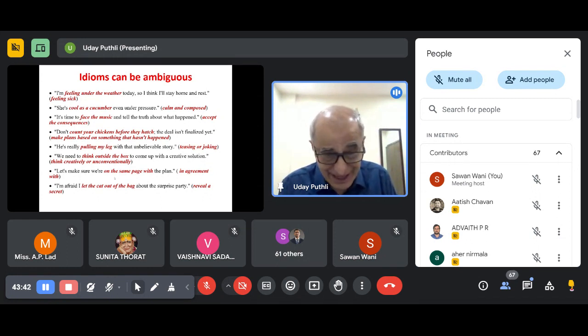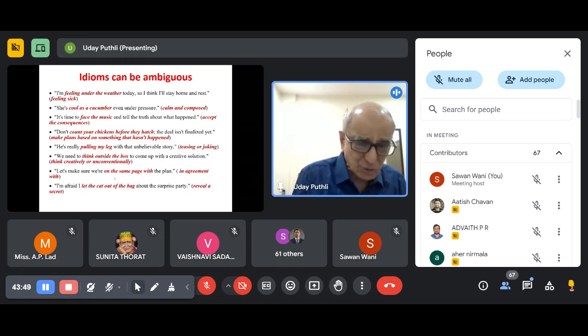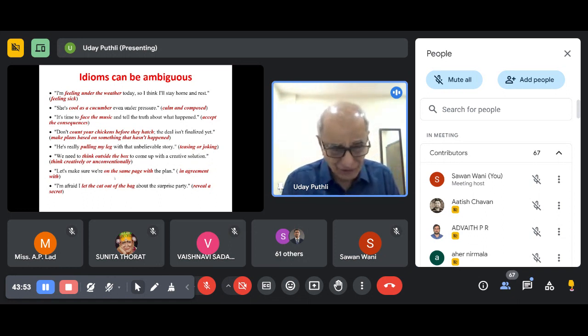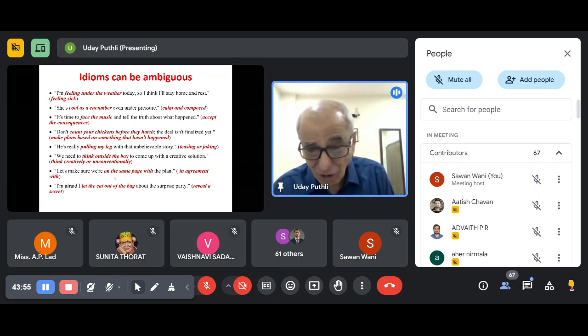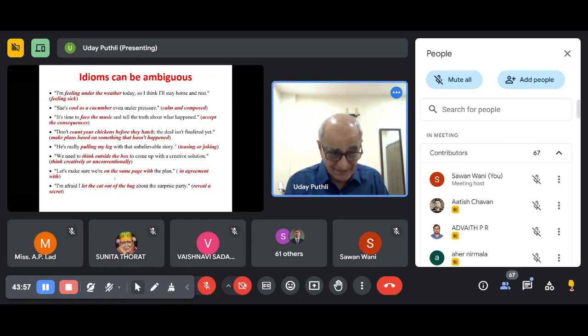The next two, this and the next, are things that are commonly known to technical people. So once in a while, if you use that, it doesn't matter because it has become standard technical language. We need to think outside the box to come up with a creative solution.